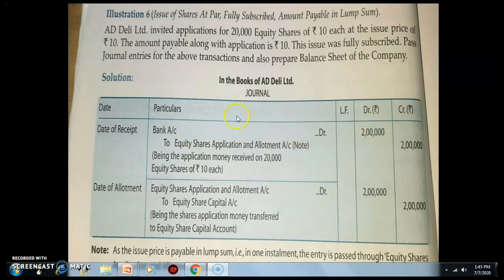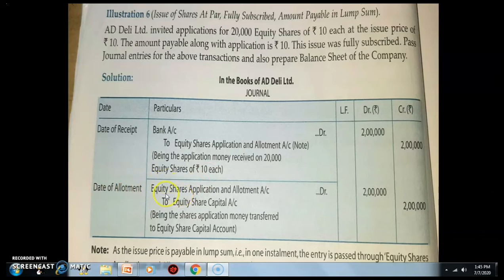So that will be collected in the bank account of AD Delhi Limited, as application and allotment money. So the narration which you have to write here is, being the application money received on 20,000 equity shares of rupees 10 each.